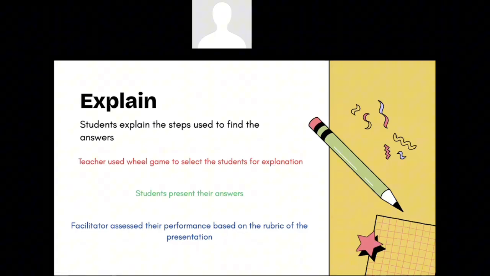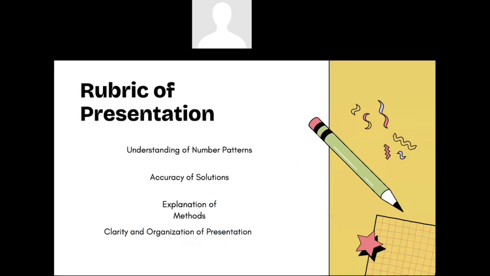Teacher used the wheel game to select the students to explain their answer because this is the group presentation. Students present their answer in their own words. The facilitator, the teacher, assesses students' performance based on the rubric that been designed by the teacher.